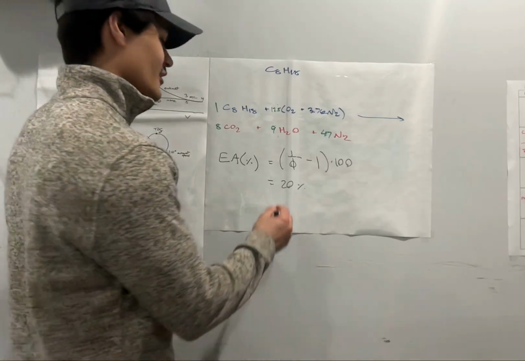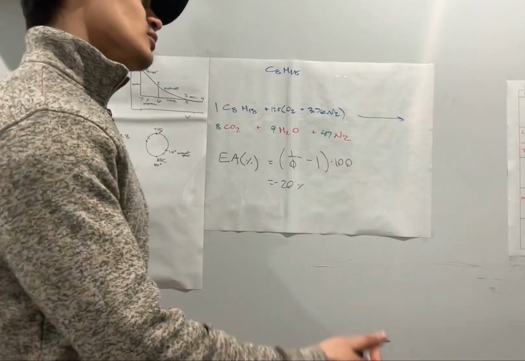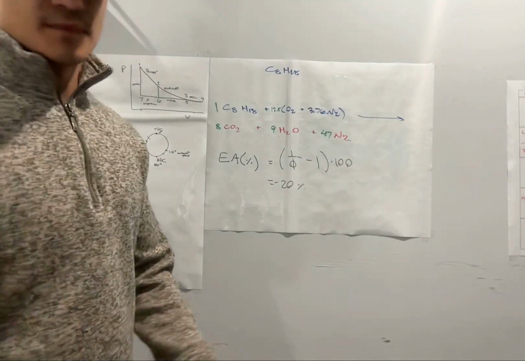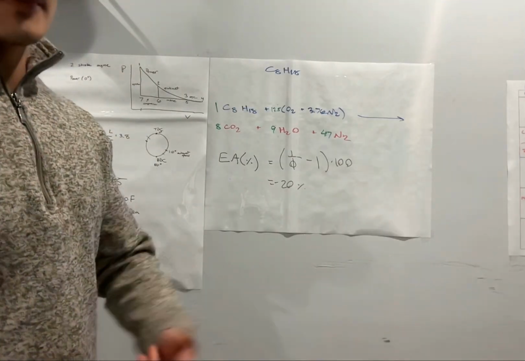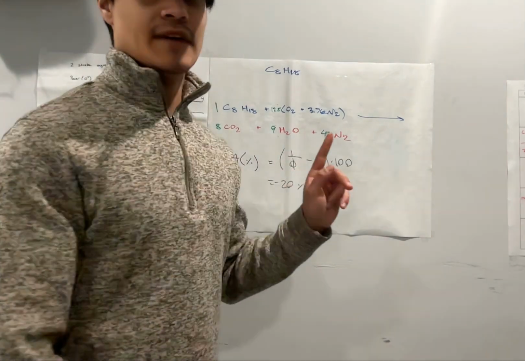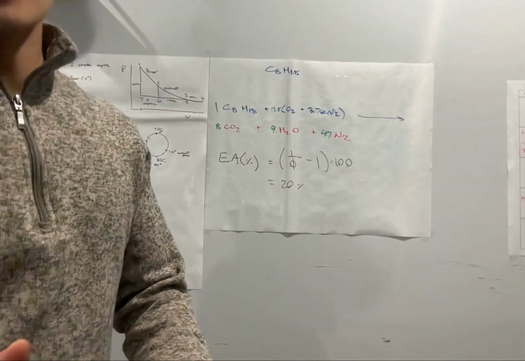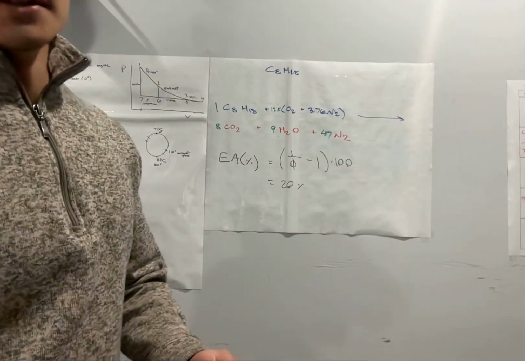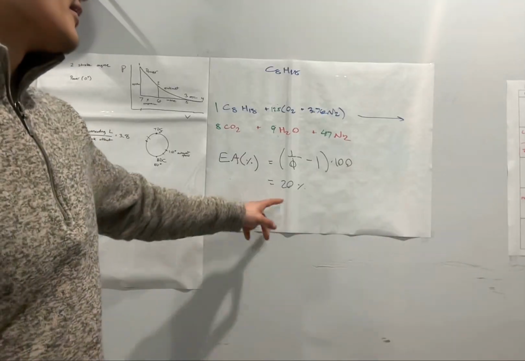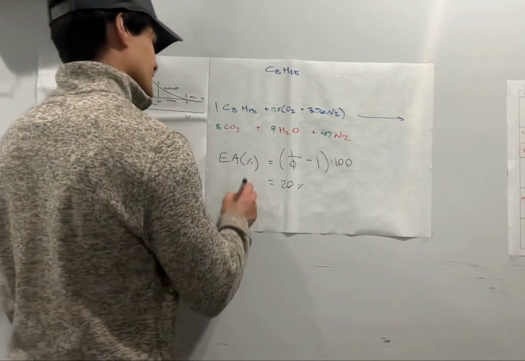And if it's negative 20%, then you will have more fuel than air. So if the problem says it's fuel rich, this should probably be a negative number. If the problem says it's lean fuel or lean burn, it's probably more air than fuel, so it should be a positive excess air.